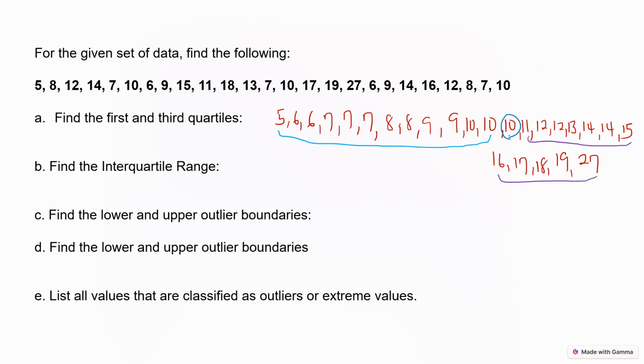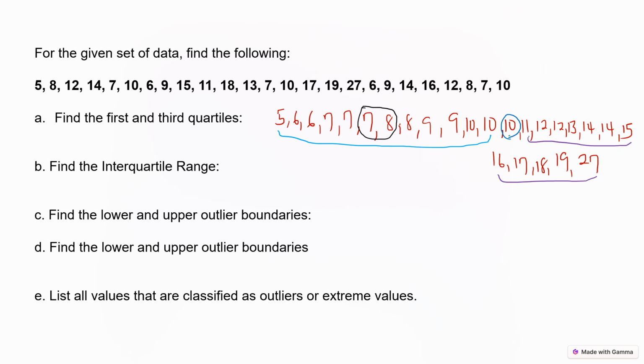Now, to get the first quartile, you find the median of the first half. The middle numbers are the 6th value and the 7th value, because there are 12 values in total: 1, 2, 3, 4, 5, 6, 7, 8, 9, 10, 11, 12.